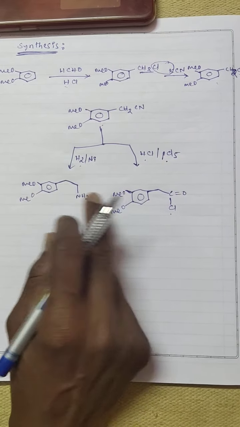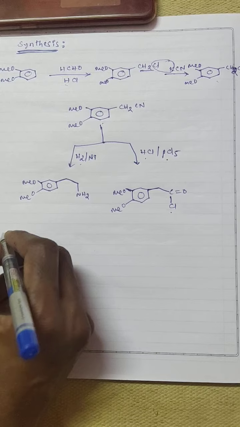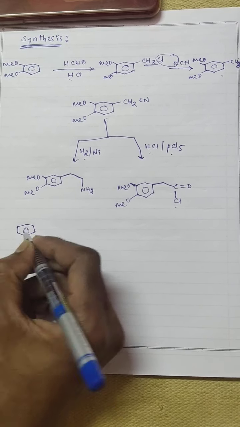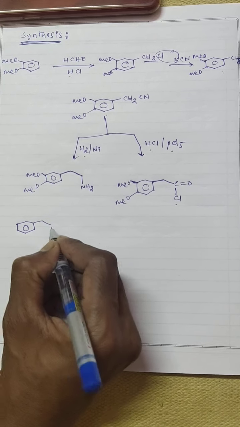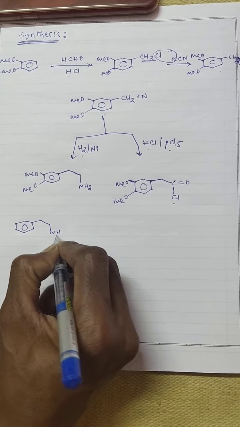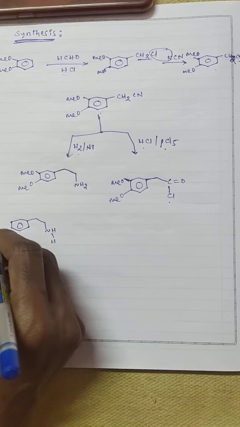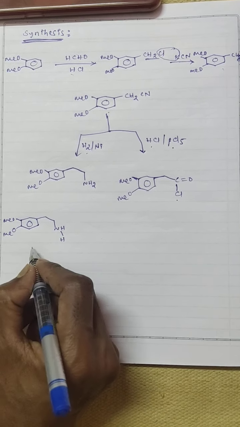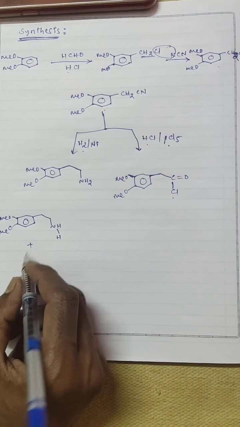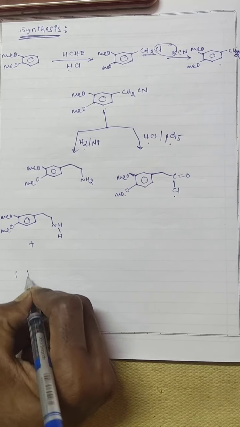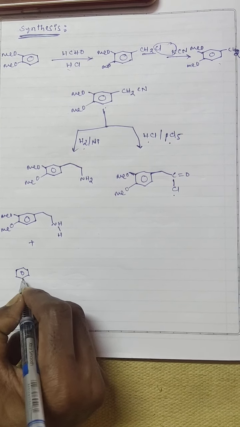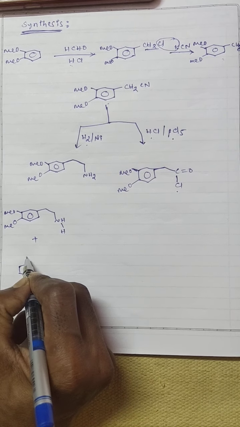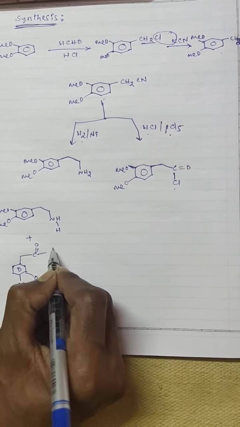So now whenever these compounds are heated like this, NH, for convenience I will write one hydrogen outside, right, place. And this compound, dimethoxy compound with CH2 C double bond O Cl.